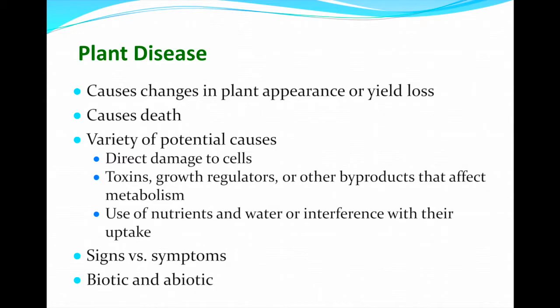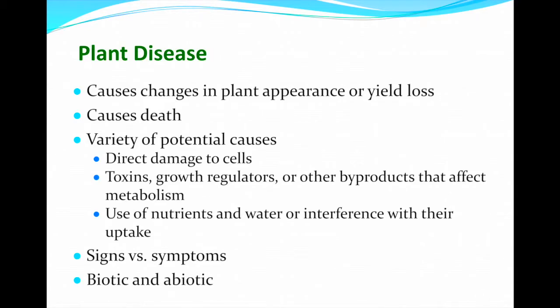We tend to find ourselves using those terms interchangeably, but they are not the same. So what's a sign and what's a symptom? Let's say somebody brings into the plant disease clinic a chlorotic or yellowed plant. It's laying there in front of you, and all you see is this bright yellow plant that should be a deep green.